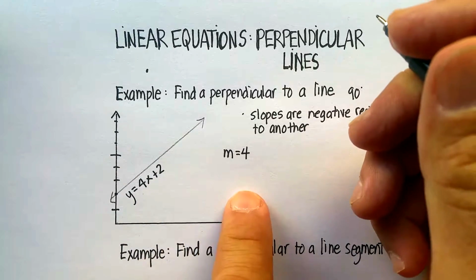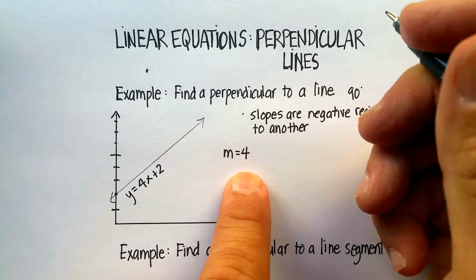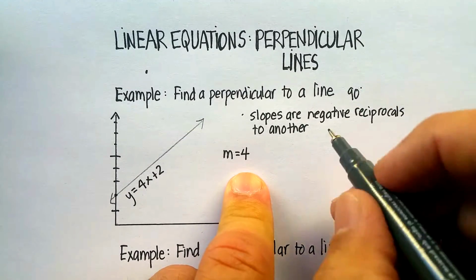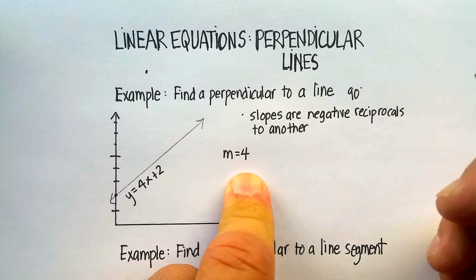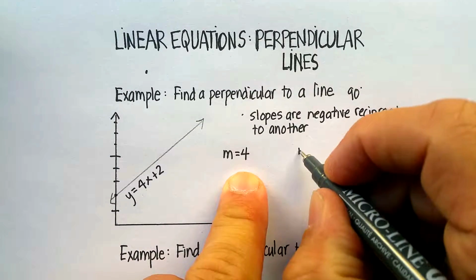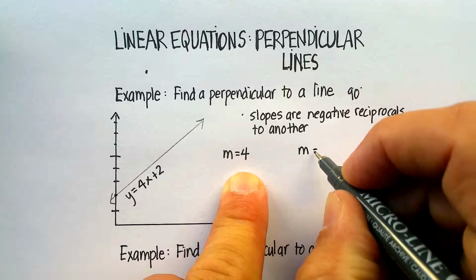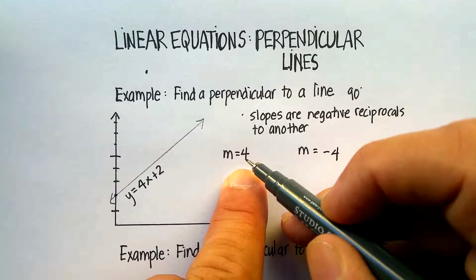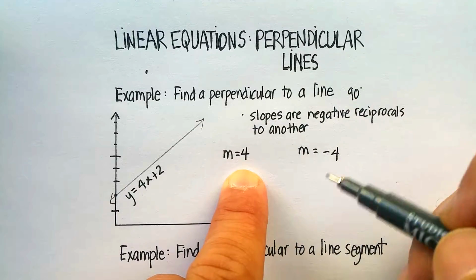Now what's the negative reciprocal of 4? Think about that. The phrase negative reciprocal should give you the clue. First you take the negative, so it will be a negative 4. And then the reciprocal of 4 is 1 over 4.